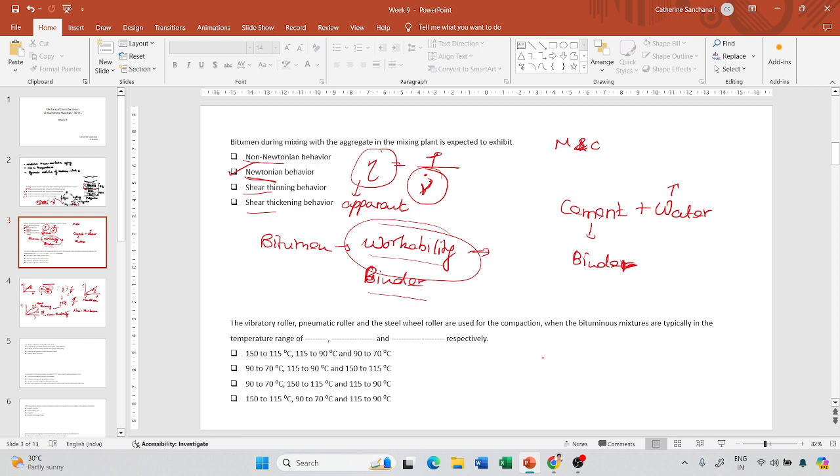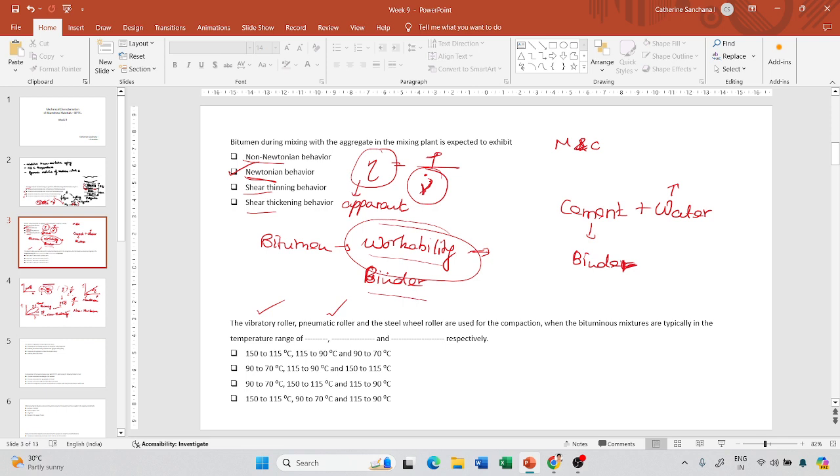In the field, you compact using rollers, and there are different kinds of rollers. Okay? One is a vibratory roller, which means your roller will vibrate at a particular frequency. The other is a pneumatic roller, which will have rubber-faced tires, okay, and it will do the kneading action, just like you knead the dough.